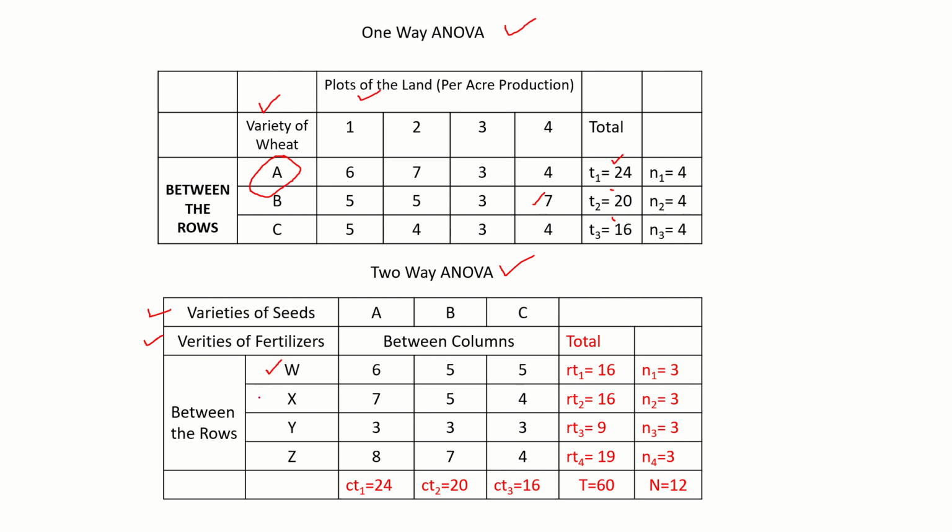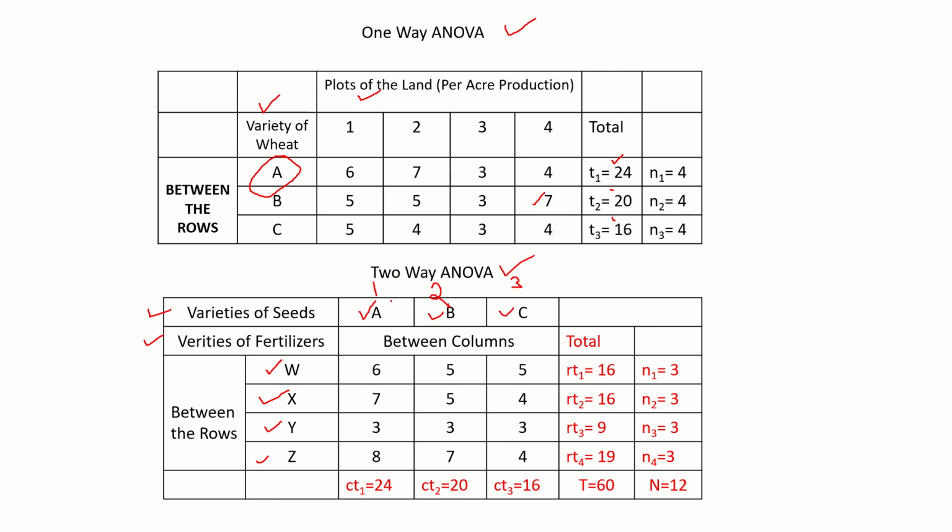There are 4 types of fertilizers, that is W, X, Y, Z, and 3 different types of seeds, that is A, B, C. So, there are 3 columns. This is column 1, this is column 2, this is column 3.